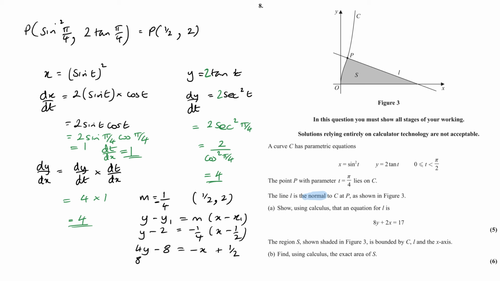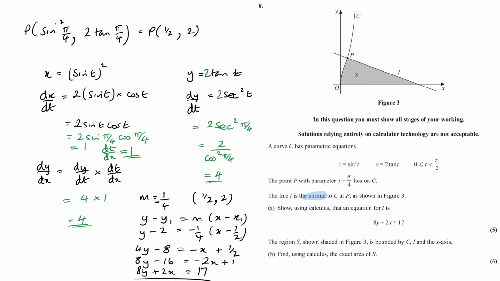So we get 8y minus 16 equals minus 2x plus 1. Then taking the x's to the left, we get 8y plus 2x, and then we add 16, and that equals 17. And that was what was required.